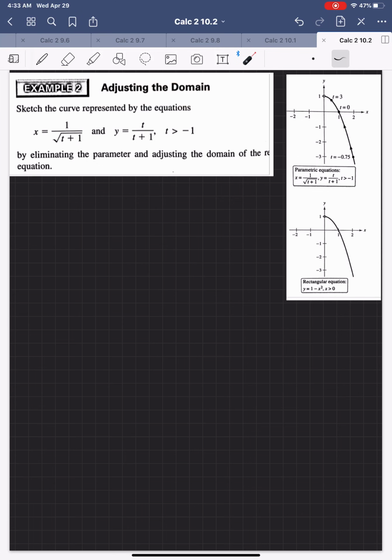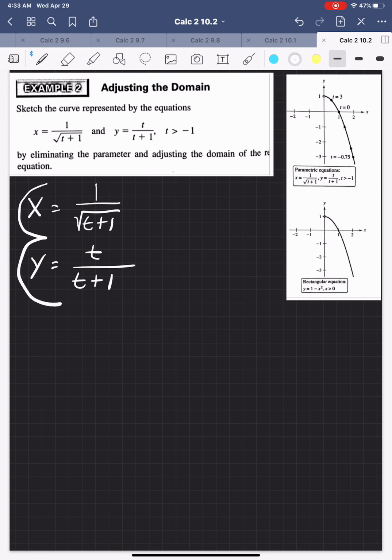So it says, sketch the curve represented by the parametric equations. Right, so we have x is equal to 1 over the square root of t plus 1, and y is equal to t divided by t plus 1. All right, so that's my parametric equations.